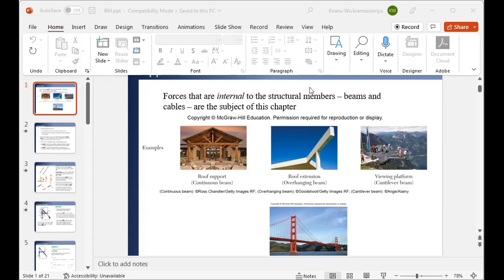So what is the reason for this? If there are internal forces, how do they generate it?